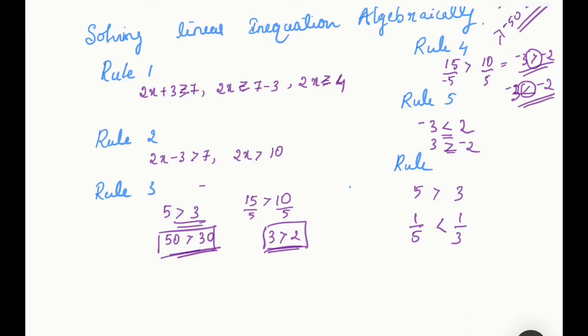Rule 5, the sign of each term on both the sides of an inequation is changed, the sign of inequality gets reversed. So when the sign changes, you understood that. Then again, rule 6: if both the sides of an inequation are positive or both are negative, then on taking the reciprocal, the sign of inequality changes. Okay.